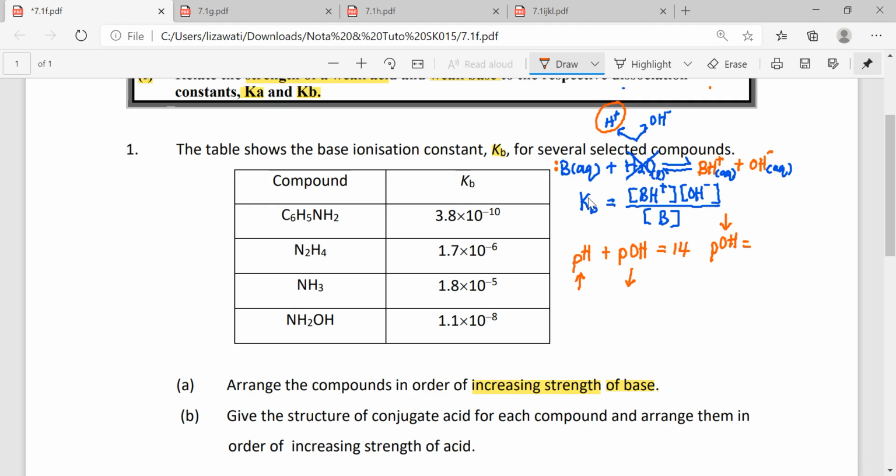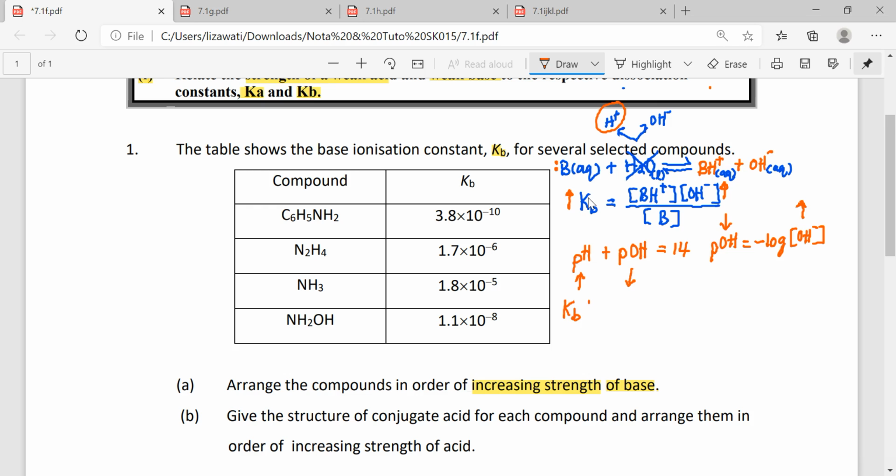We know that pOH is equal to negative log concentration of OH minus. In order to get a lower pOH, the concentration of OH minus should be higher. When the concentration of OH minus is high, the value of Kb would also become high.